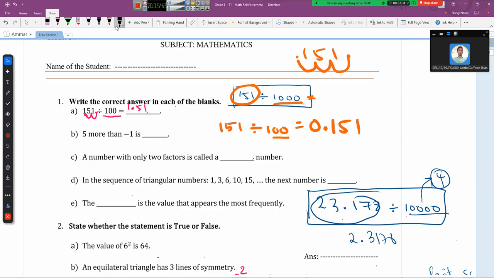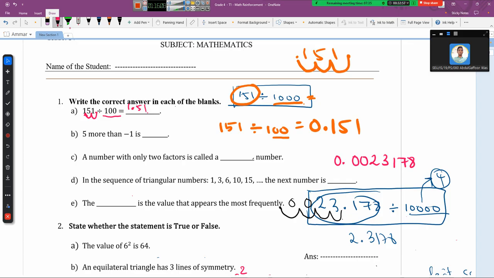Now here 1, 2, 3, 4. So it should come here. So between that you have to place zeros, right? So the original answer would be 0.002317, right? Can you understand that? Yes. Okay.